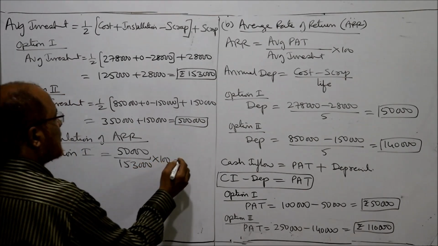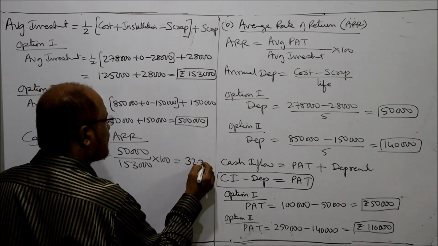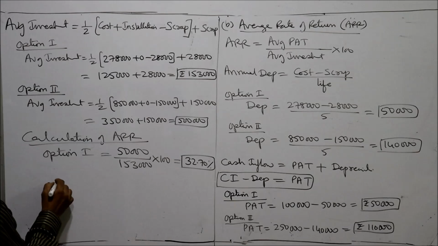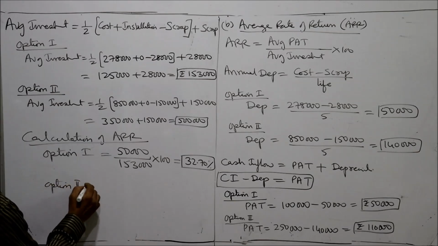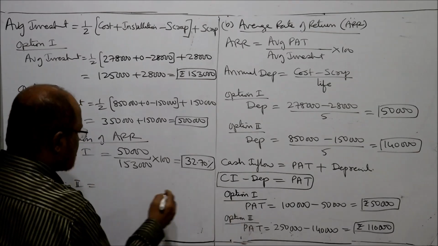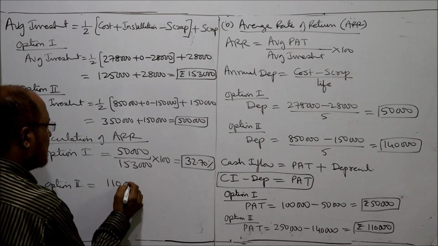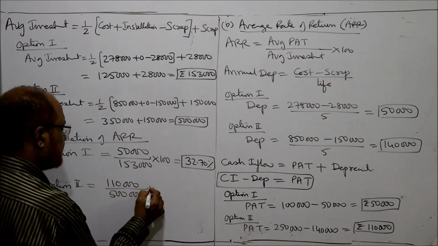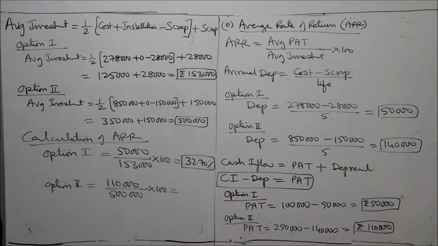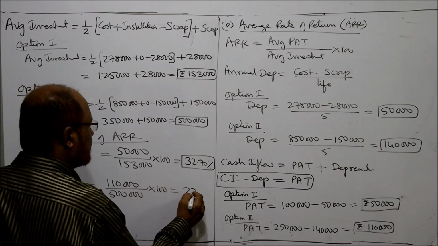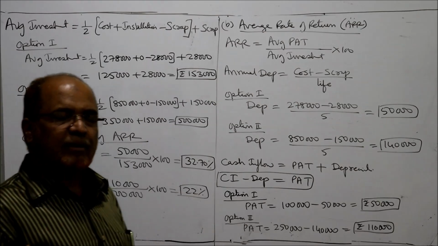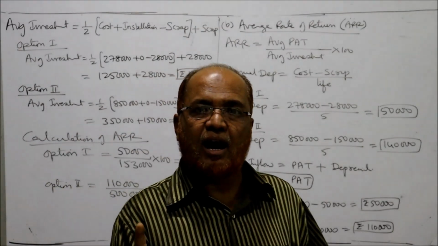So it comes to 32.7%. Option 2. The annual PAT is 1,10,000 and average investment is 5 lakh, into 100. It comes to 22%. That's it. So we have calculated PBP, we have calculated ARR.